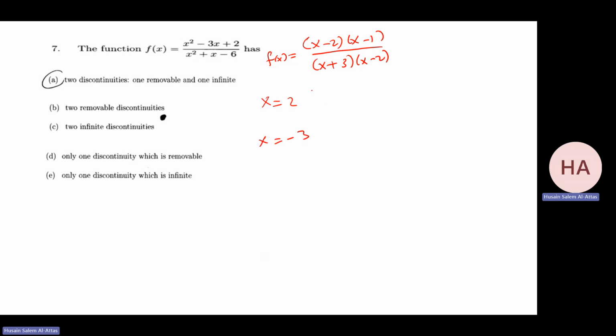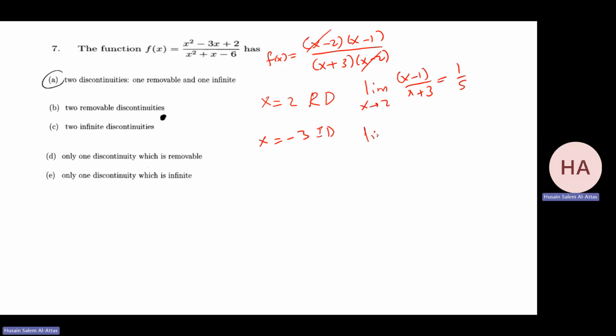This is a half infinite discontinuity. Not infinite, no. This will be cancelled, so this is the removable. Since the limit as x goes to 2, this is cancelled. It will be what? 1 over x minus 1 over x plus 3. That is 1 over 5. Here I have an infinite discontinuity.